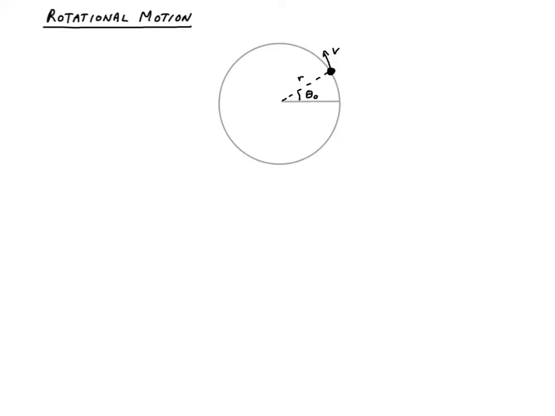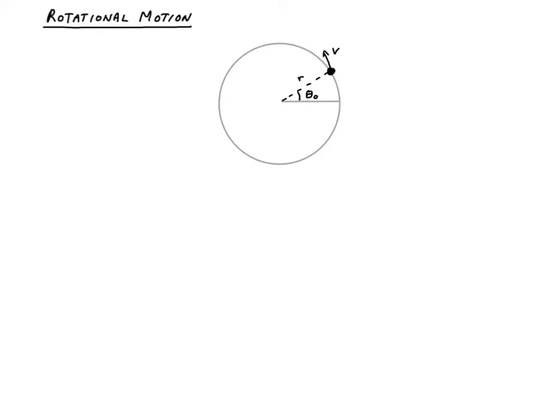So, for instance, if an object's rotating around, we can specify where it is in the circle by an angle. And this is similar to the position. So at an initial time t equals 0, it's at an angular position theta naught, measured relative to the x-axis.